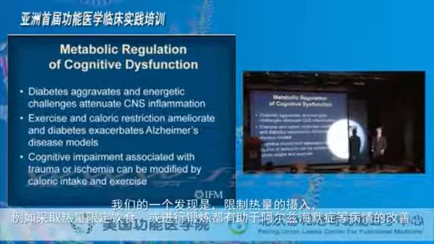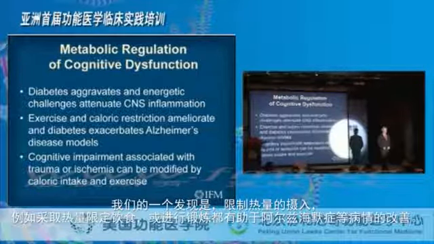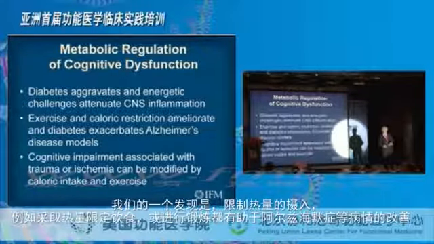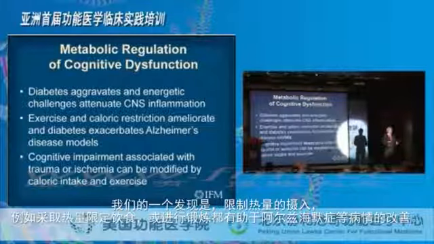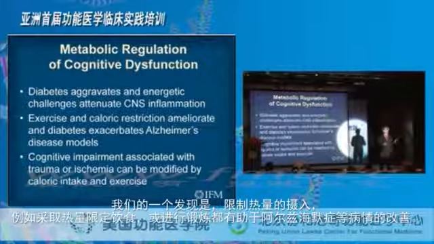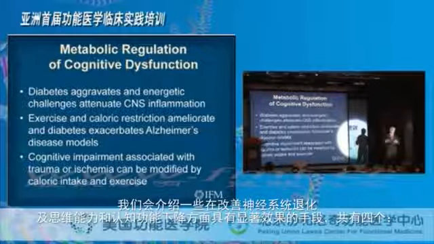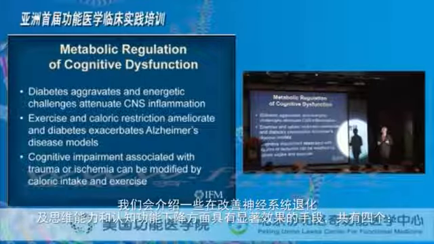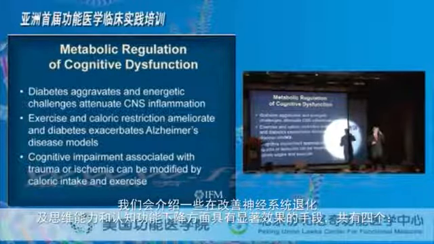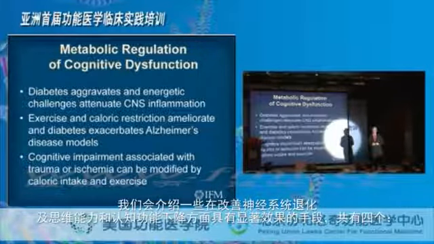So one of the things that we find is that limiting calories, going on a calorie-restricted diet, or exercising, both can have a beneficial effect with things like Alzheimer's disease. So we're going to learn that some of the factors that make the biggest difference in dealing with neurologic degeneration and loss of thinking capacity, cognitive dysfunction.